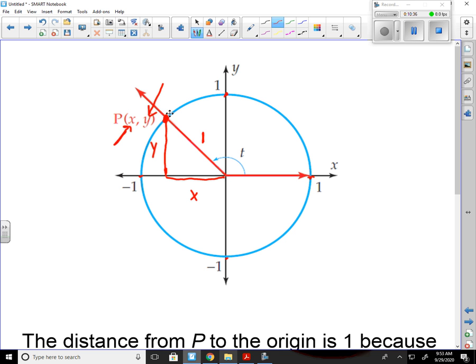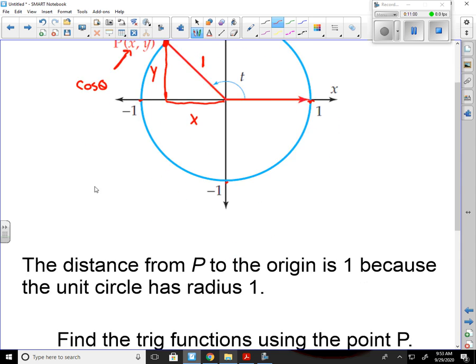That tells me that whenever I'm looking at a point on the unit circle, whatever my x is, is the cosine of theta. Whatever my y is, is the sine of theta. Which is why the unit circle is so important. Because I don't need to do any calculations. As soon as I see this point, I know that the y is sine theta and the x is the cosine theta.